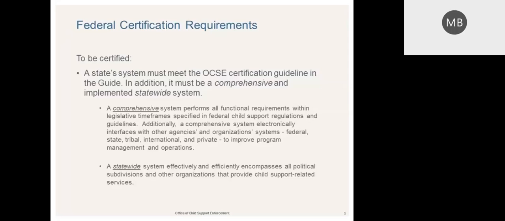The second part of the definition reads, additionally, a comprehensive system electronically interfaces with other agencies and organizations, systems, federal, state, tribal, international, and private, to improve program management and operations.